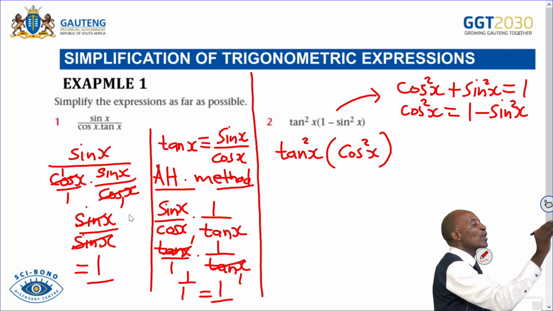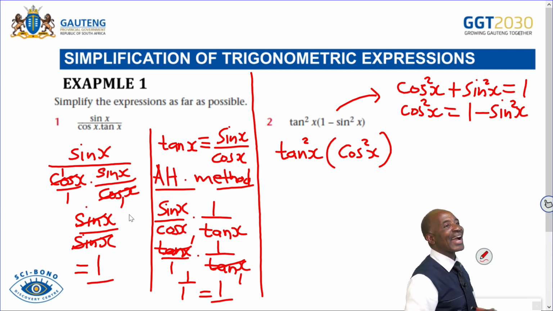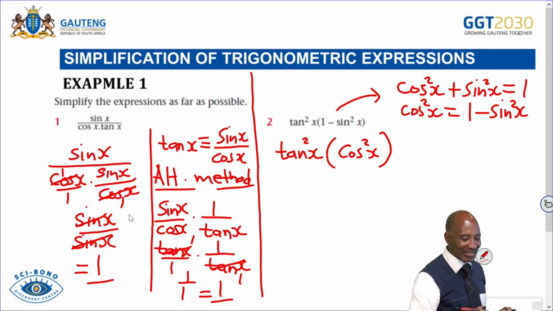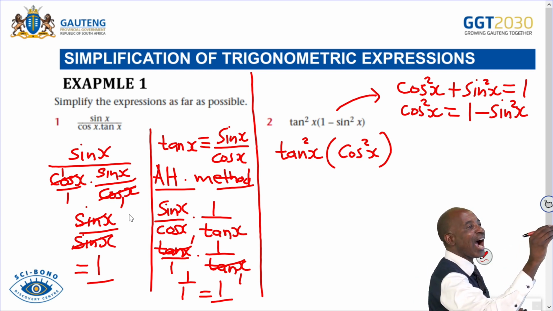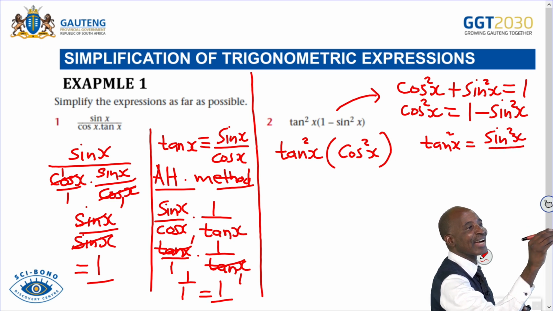It does not only work if it's tan x. Even when you square these, the identity will still hold. What does that mean? It means our tan squared x is the same as sine squared x divided by cos squared x.